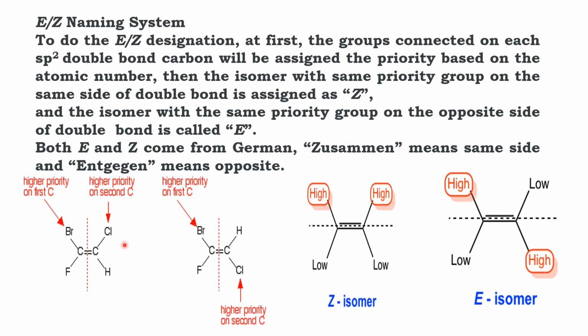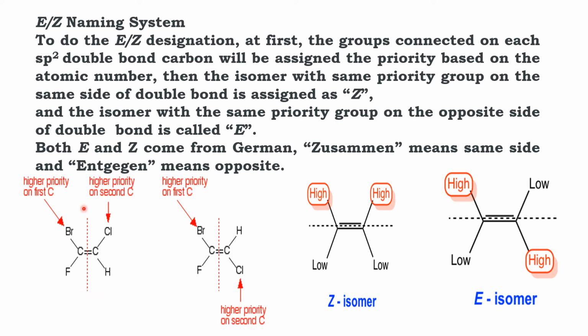The priority is based on the atomic number. The highest atomic number atom gets the highest priority. Here, bromine has the highest atomic number, hence maximum priority. The second priority is chlorine, the second highest atomic number. Third priority is fluorine, and the least priority is hydrogen.